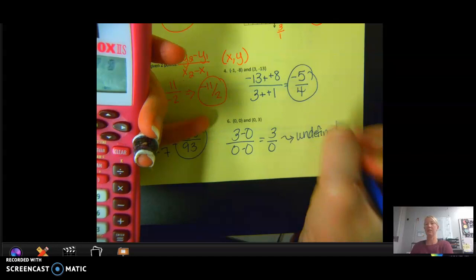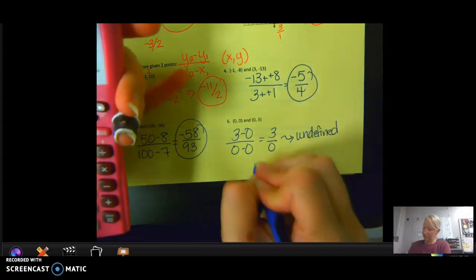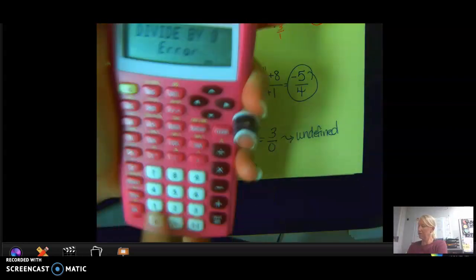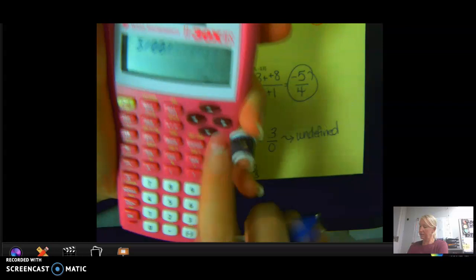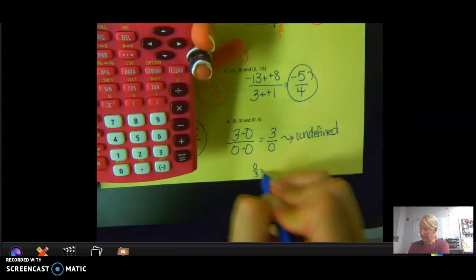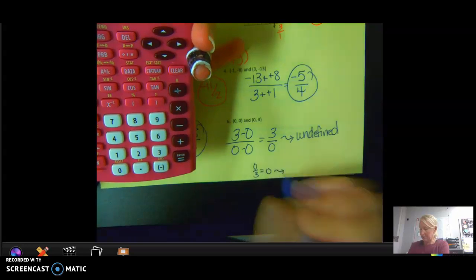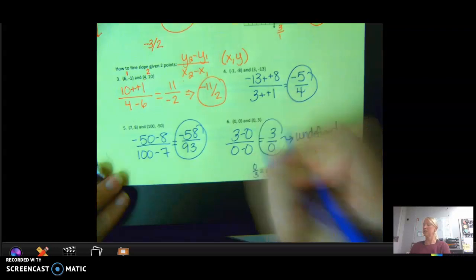What does that mean for the line? That means the line is straight vertical. Let's say it was 0 over 3. 0 divided by 3 equals 0. That means it's a 0 slope. That means it is a horizontal line because that has no slope. This was my answer on that one.